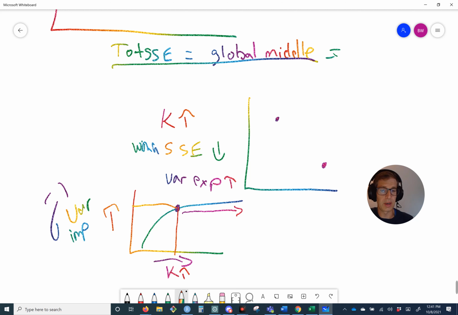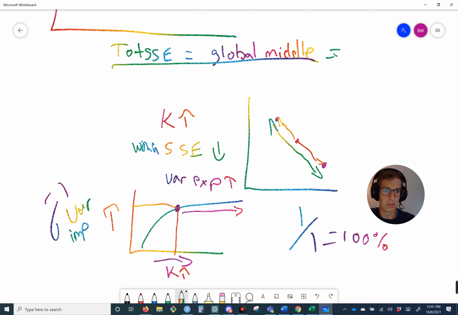Because the total variance, the total number from the global mean, and that would be the distance, say, to here, is going to be explained by the between distance, right? So you'd have 1 divided by 1, which would equal 100%, right?